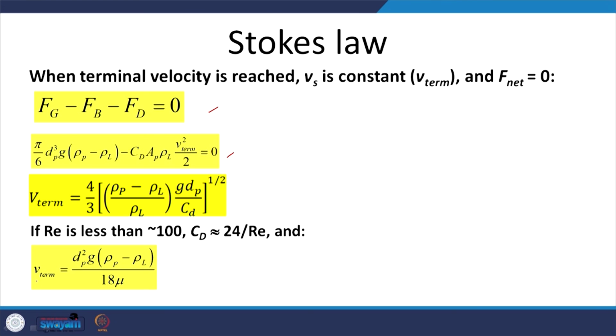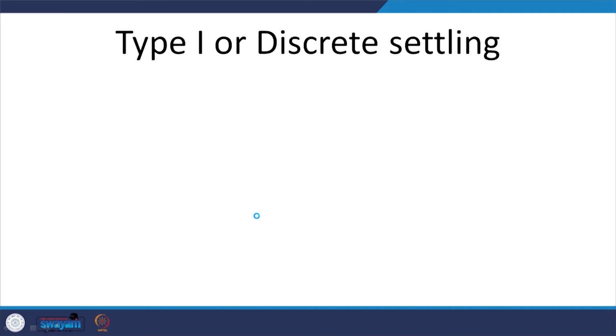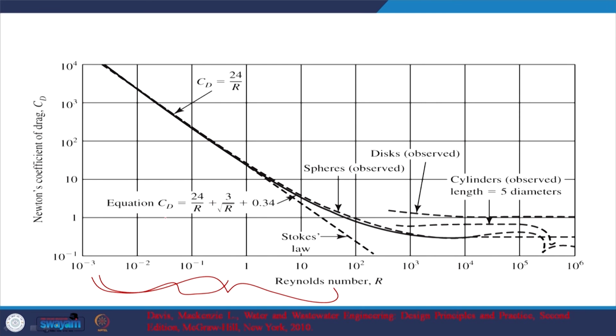And for terminal velocity, this is the equation, right? Again, this is for spheres, and we are assuming that the conditions are laminar flow. That's why they are saying that Reynolds number less than 1. And as you can see, coefficient of drag will also depend upon the relevant flow conditions. Let's move on.